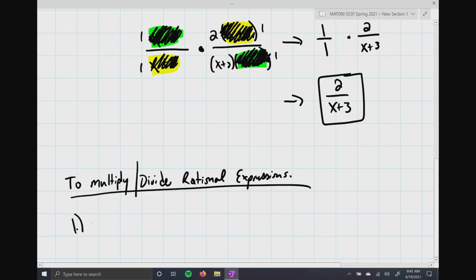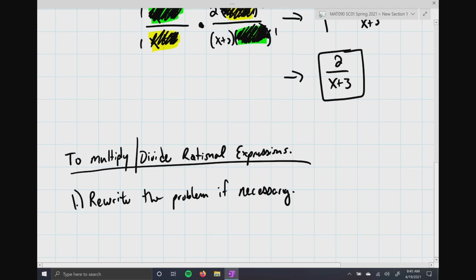Step 1. Rewrite the problem if necessary. Okay? Now, what do I mean by that?